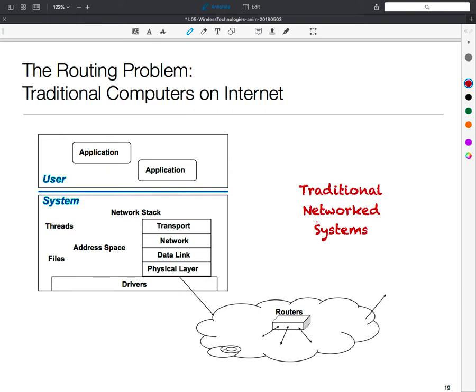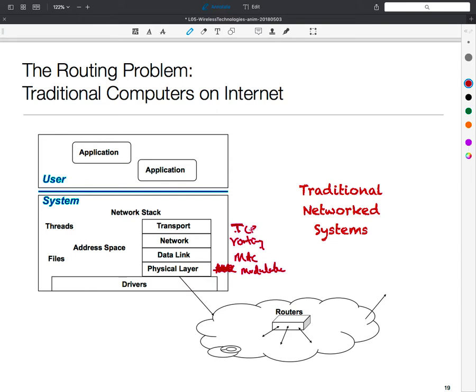In terms of your jargon, this is where MAC happens, this is where modulation happens, this is where routing happens, and this is where, I'm sure you have heard of, TCP and things like that, where you deal with issues of congestion, controlling the rate at which you are transmitting, and reliability.